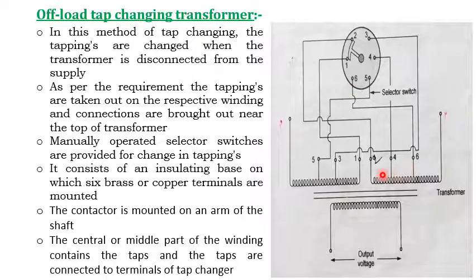In this case, only this part of the winding is connected, from 1 to 6. The next step connects the taps 6 and 5. So further you connect these two taps, 6 and 5, from here to here, and this part of the winding you can use.